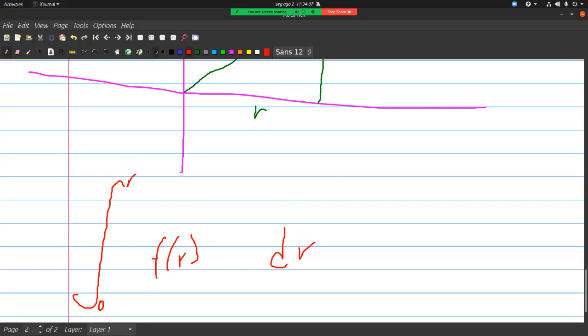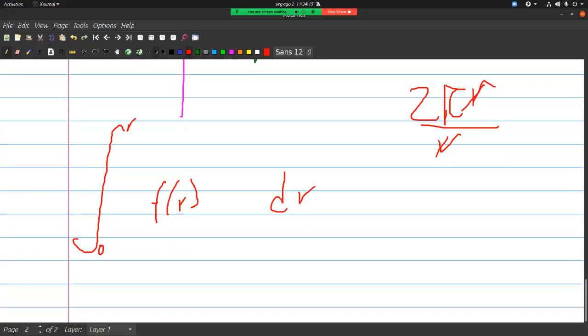The rise, which is 2 pi r, over the run, which is r, is 2 pi. So this is the integral from 0 to r of 2 pi x dx.